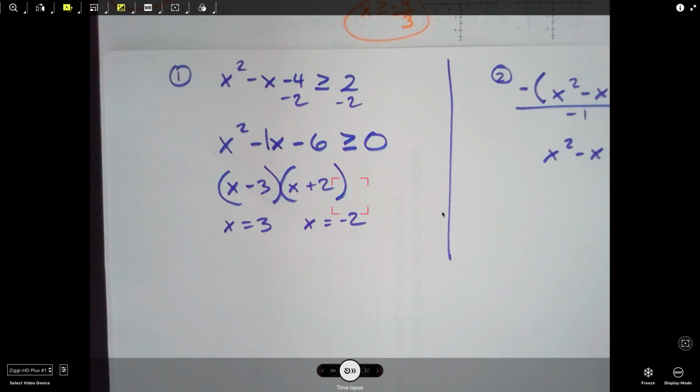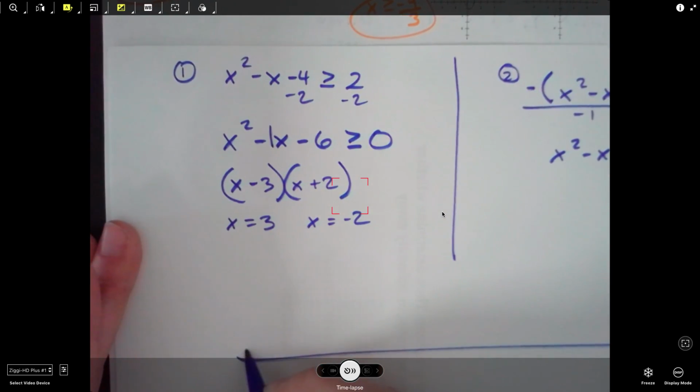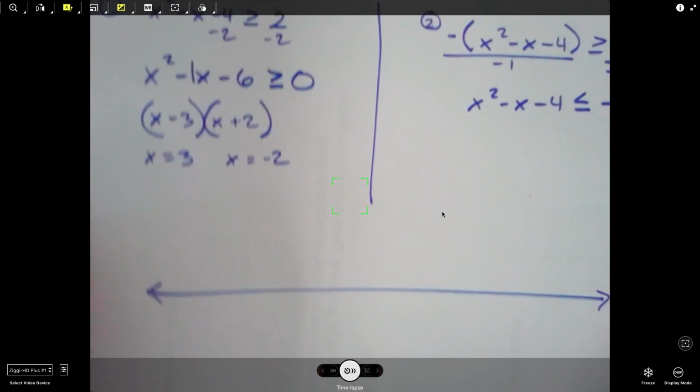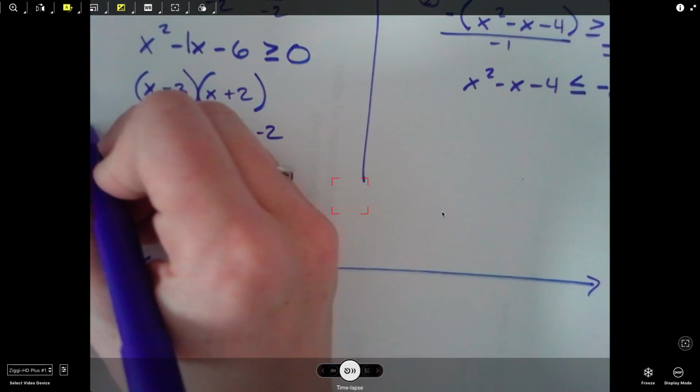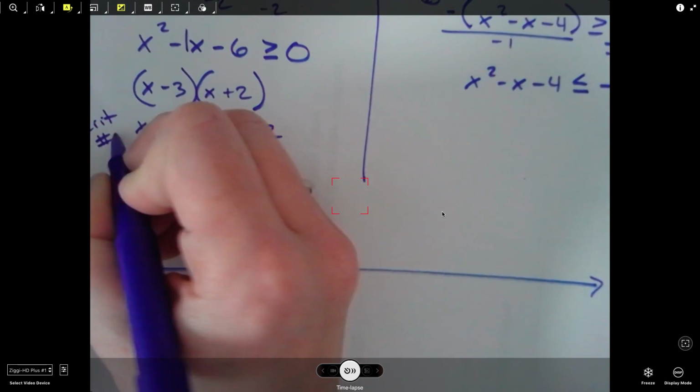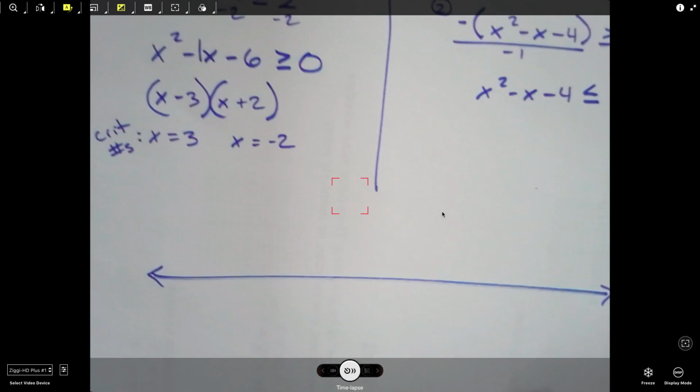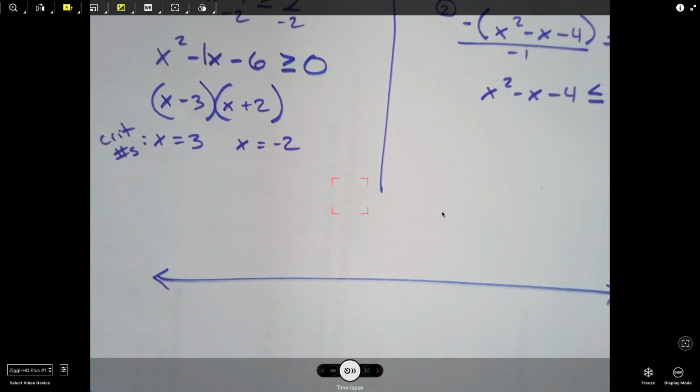Since we're going to have 4 numbers probably, because the other side's probably going to have 2, I'm going to put these on a number line. These are our critical numbers to test our intervals, because when you're solving quadratics, the less than, greater than symbols all get jumbled together. So we have to do this.